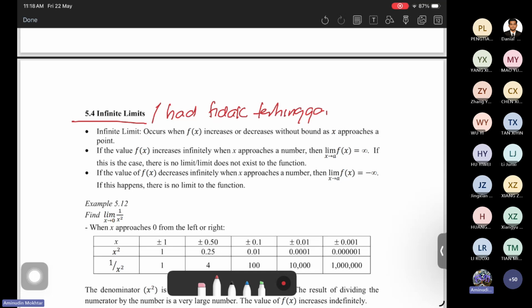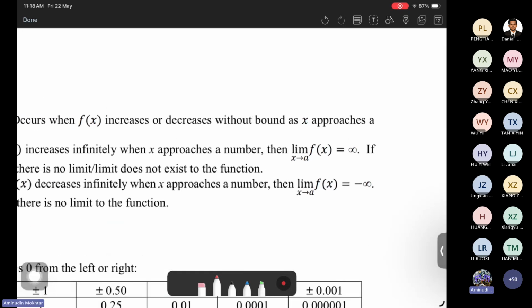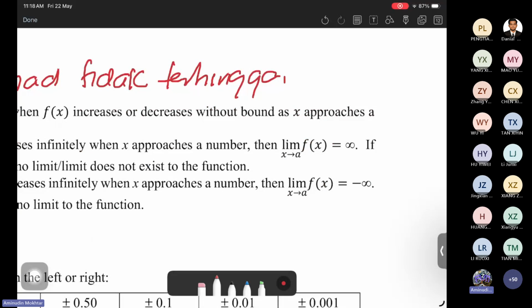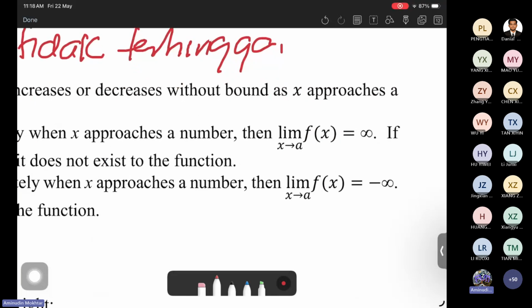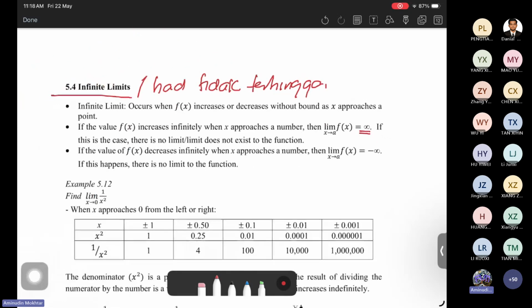So if the value of f(x) increases infinitely when x approaches a number, then we can write the limit as x approaches a of f(x) is equal to positive infinity. In this case, we can conclude there is no limit, or the limit of the function does not exist.